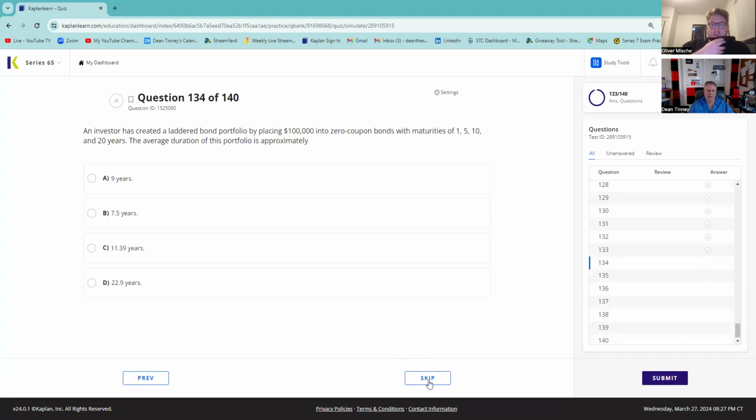Investors create a ladder bond portfolio by placing 100,000 into zeros with maturities of 1, 5, 10, and 20. The average duration of the portfolio, oh my God, we're never going to ask you to calculate duration. It's just a measurement of volatility. But here, what would you think about doing? I don't think you're going to have to do it, as I said, but I would honestly just do a mean calculation.